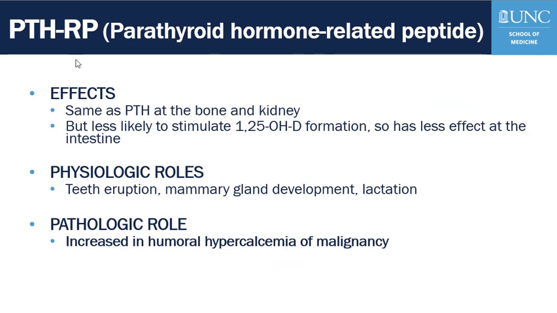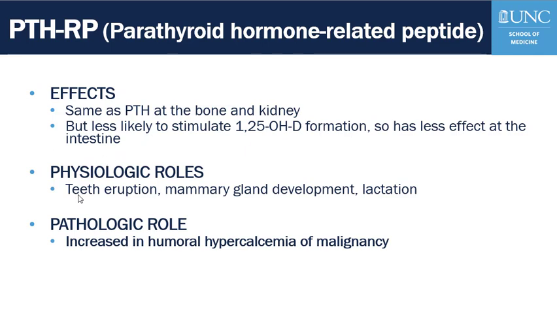Now, let's briefly discuss the minor regulators of calcium, including PTH-RP and calcitonin. So starting with PTH-RP, its effects are the same as PTH at the bone and the kidney, but it's less likely to stimulate 1,25-dihydroxyvitamin D formation. This means that it has less effect at the intestine and does not increase intestinal calcium absorption.